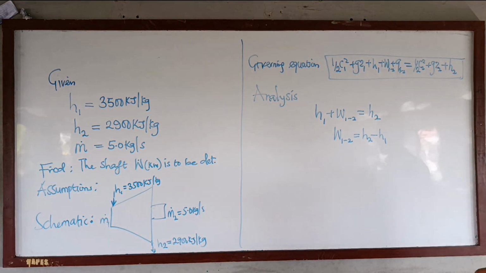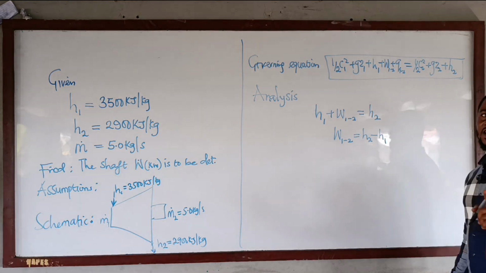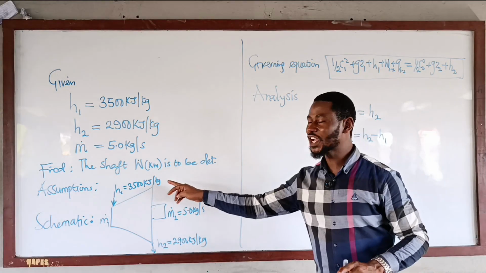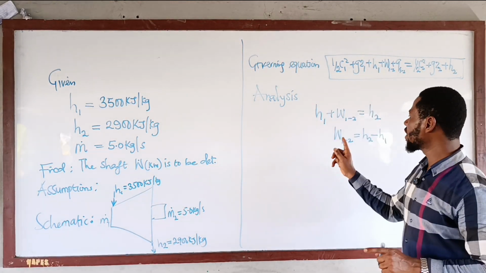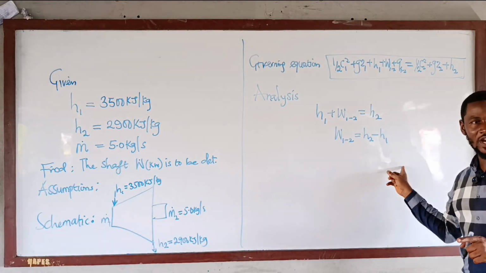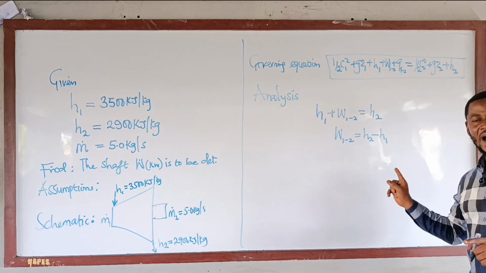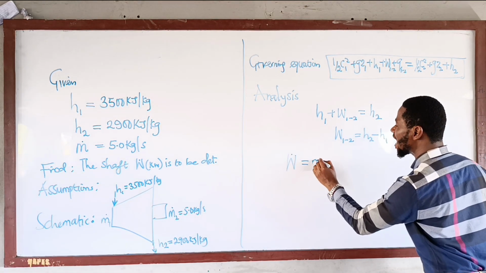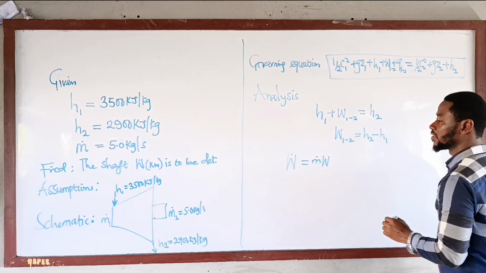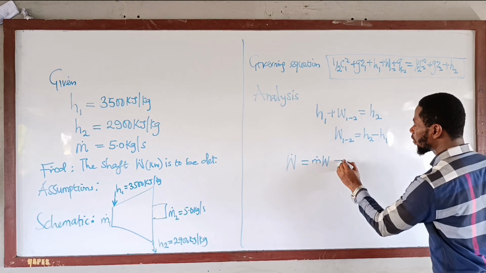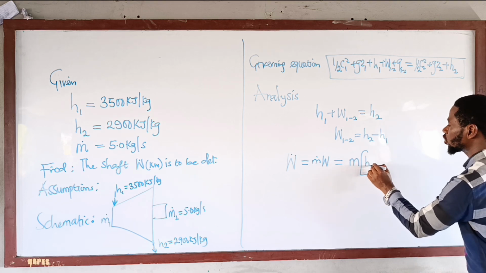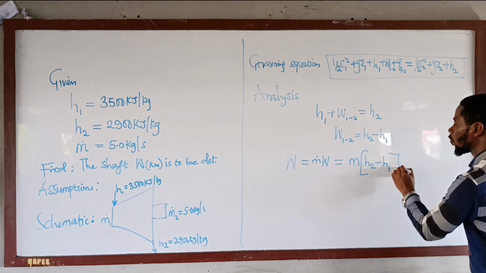In the rate form, we are asked to determine the shaft work in kilowatts, which means this one is in kilojoules per kilogram, so we have to multiply it with the mass flow rate. So the shaft work becomes the mass flow rate multiplied by the work transfer, which is m into bracket H2 minus H1.